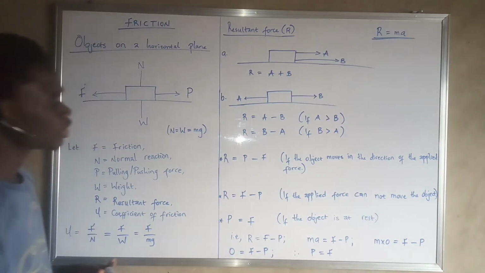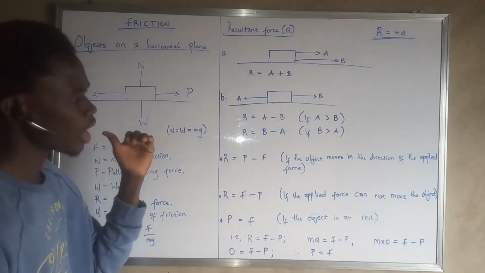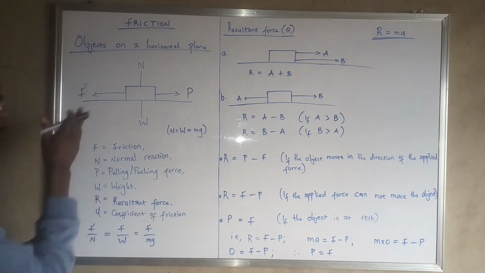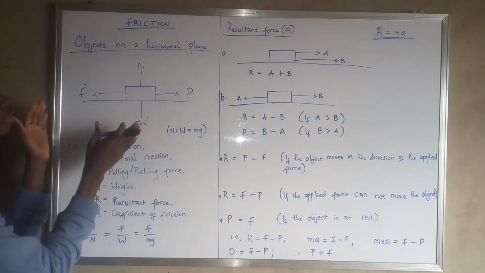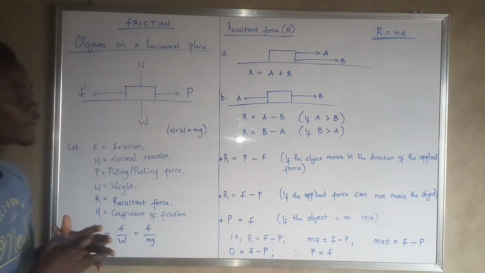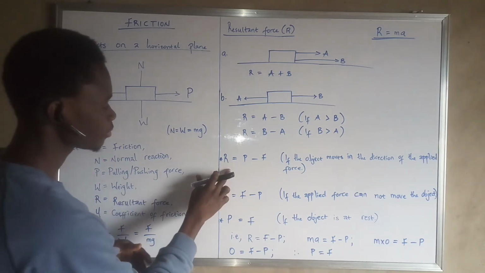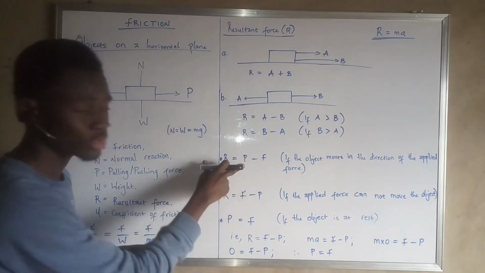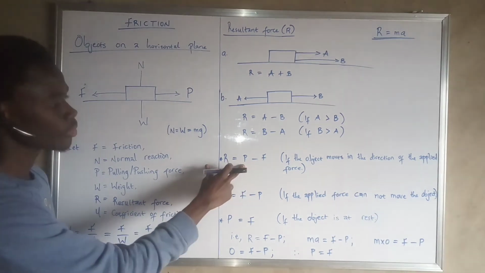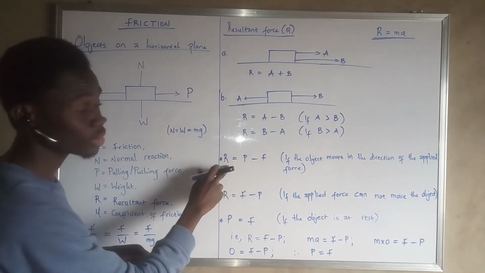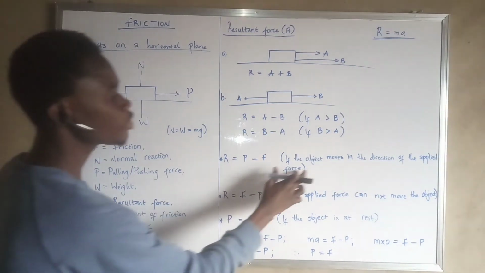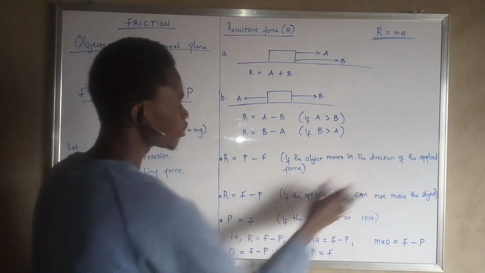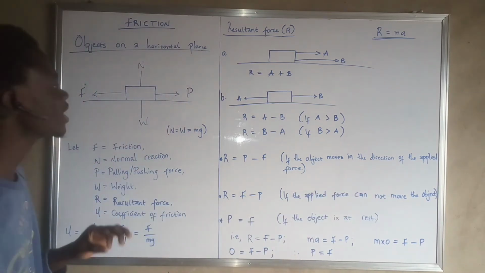Now, let's go back to how resultant force is related to friction, or how resultant force is related to this diagram. Resultant force equals the applied force, which is the pulling or pushing, minus the friction, if the object moves in the direction of the applied force. Do you get that?